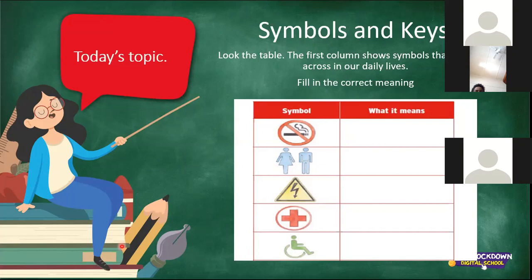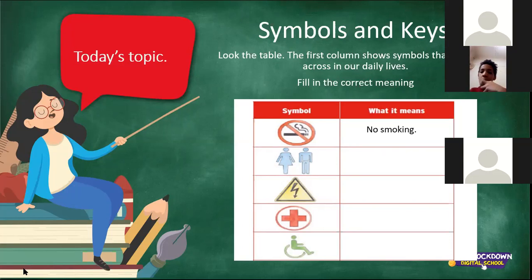Who wants to try symbol number 2? Okay, Tyron. What's symbol number 2? A boy and a girl.